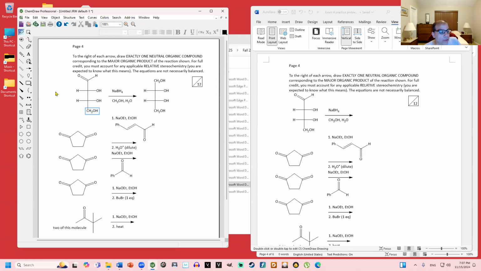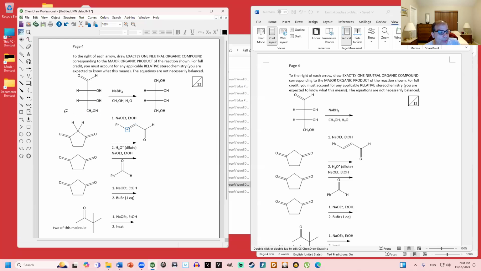The next one looks to me like a Michael addition. We're starting with this compound, which has two particularly acidic hydrogens between the two ketone carbonyls. We're going to deprotonate that with sodium ethoxide, which is a good base. And the enolate is then going to add to the beta carbon of the alpha beta unsaturated compound.